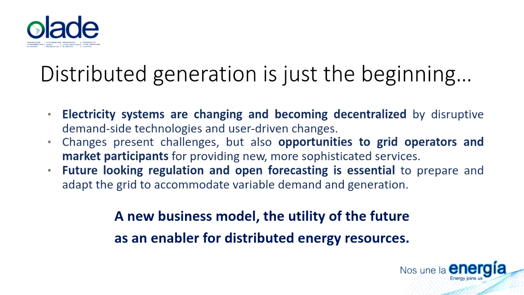So the issue really is not net metering. The issue is the tariff structure and the business model that we've been using in the electricity distribution grid for a long time, and that has been very useful and very simple to manage, but now it's getting more complex and harder to maintain.